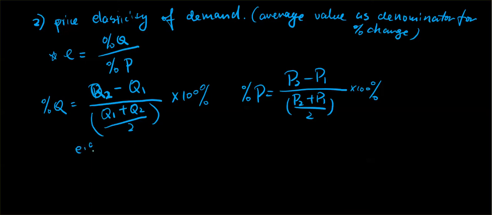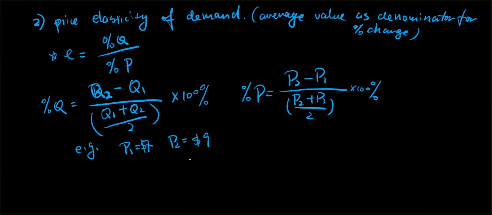So let's find an example. Let's say the price of coffee changed from $7 to $9. So the initial price is $7 and the final price is $9. So P1 equals $7 and P2 equals $9.